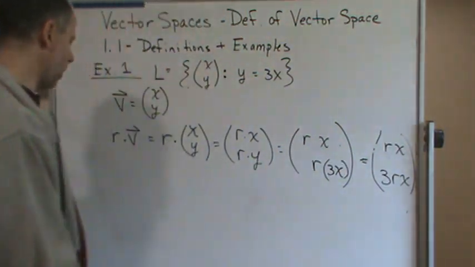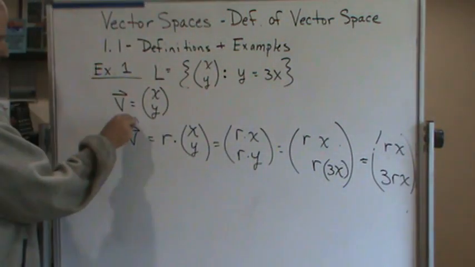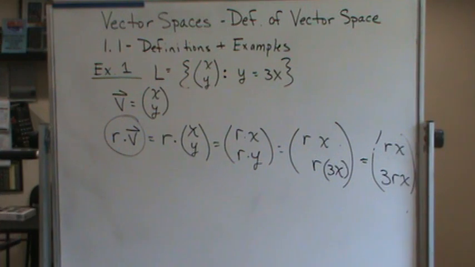And so the resulting vector is still inside L. So it is closed under scalar multiplication.